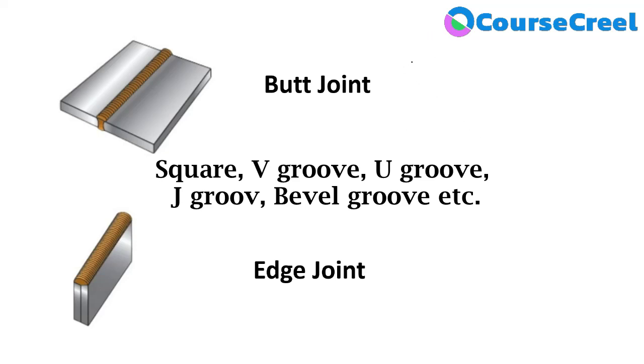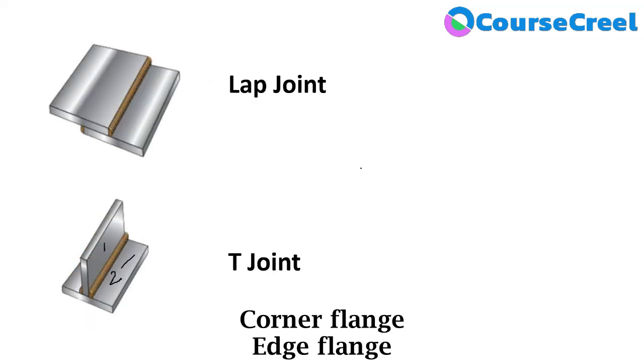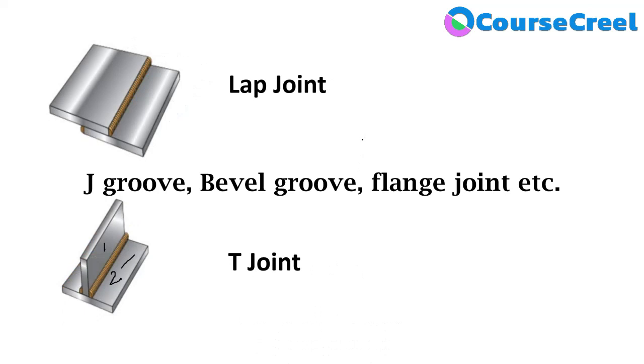For the edge joint, it can be corner flange, edge flange, etc. Lap joints can also be of different types: corner flange, edge flange, flare bevel, or J groove, depending on the application.